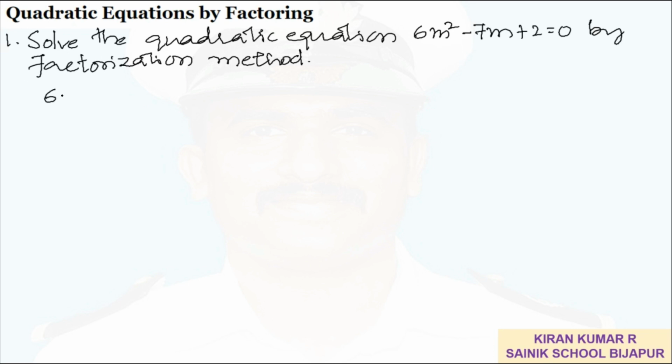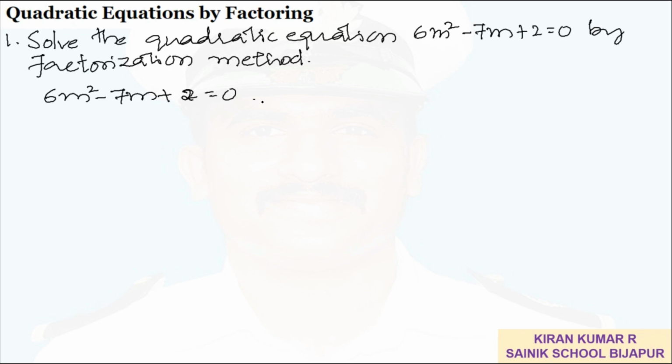The given equation is 6m square minus 7m plus 2 equal to 0. In the factorization method, we have to follow splitting the middle term.